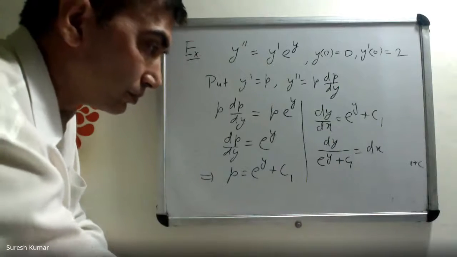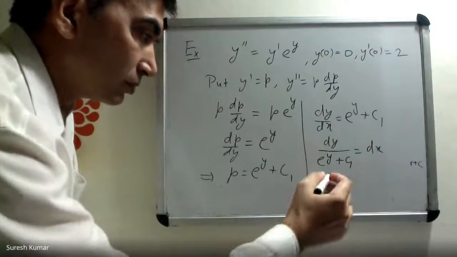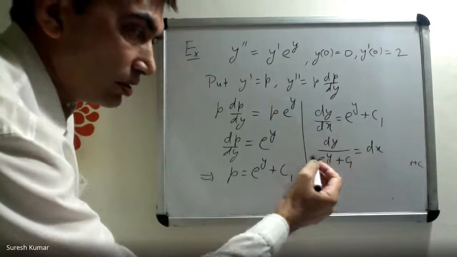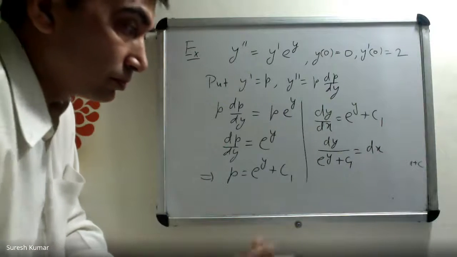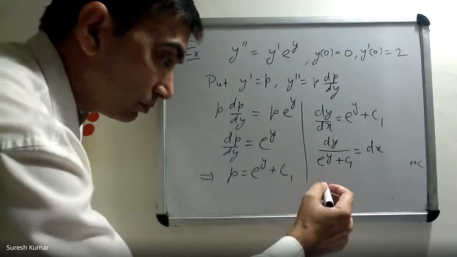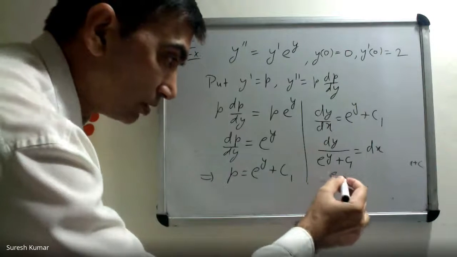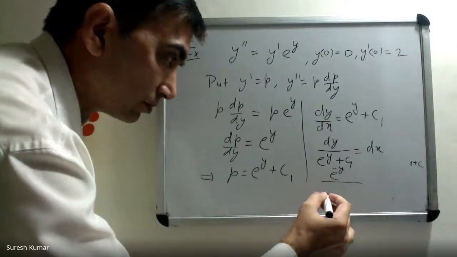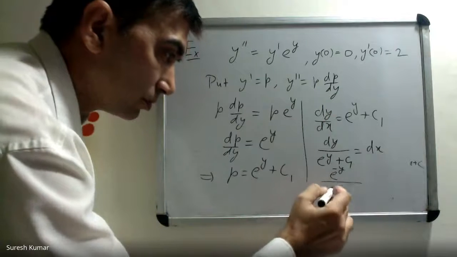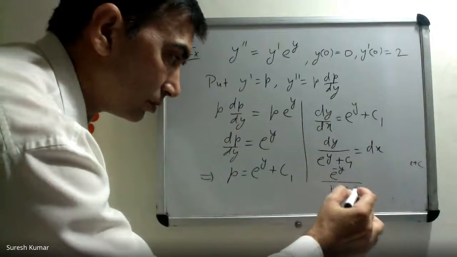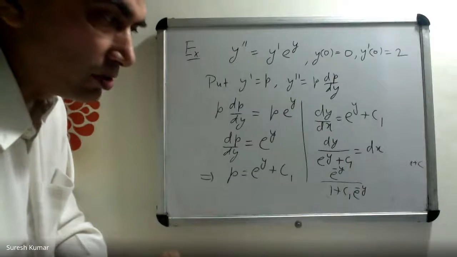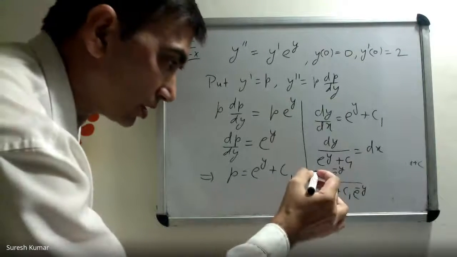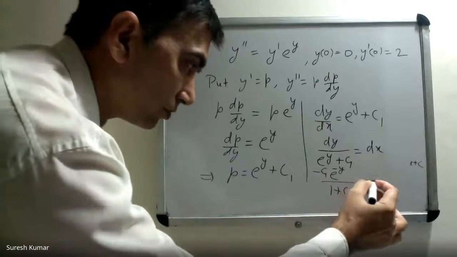You would like to create the derivative of denominator in the numerator. So multiply and divide by e power minus y. Now derivative of this is minus c1 e power minus y. Let's create minus c1 also.